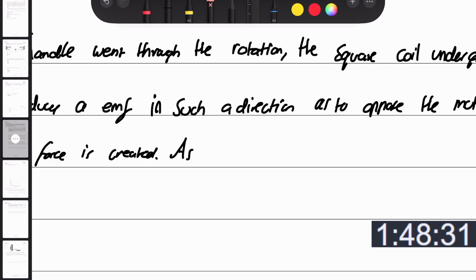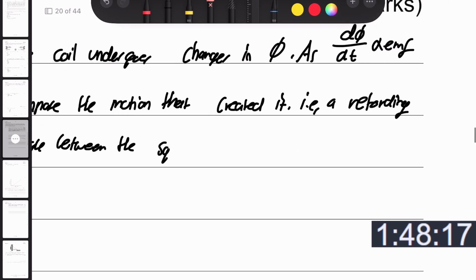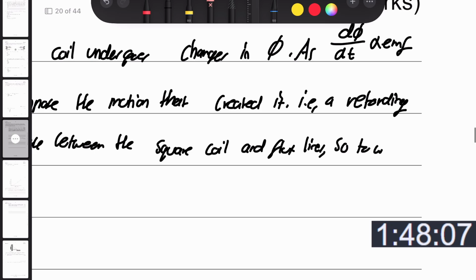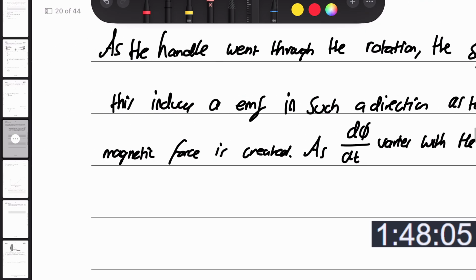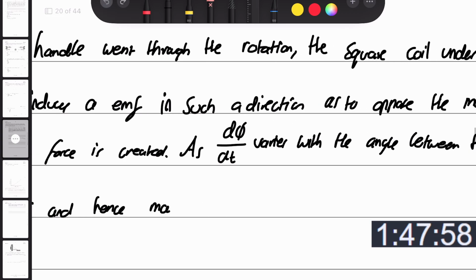And therefore as the dθ/dt varies with the angle between the square coil and flux lines, so too will the EMF, and hence the retarding magnetic force.